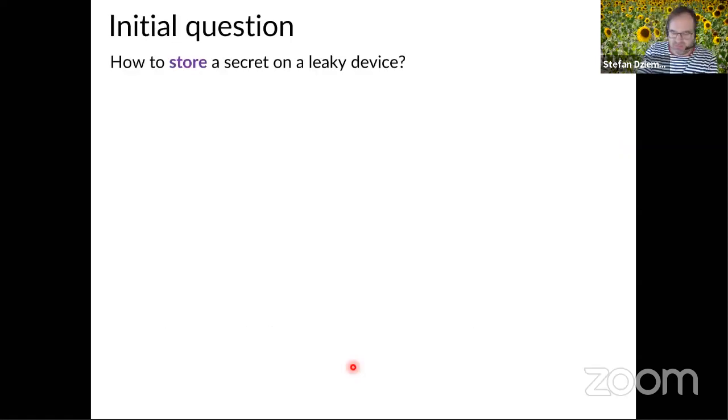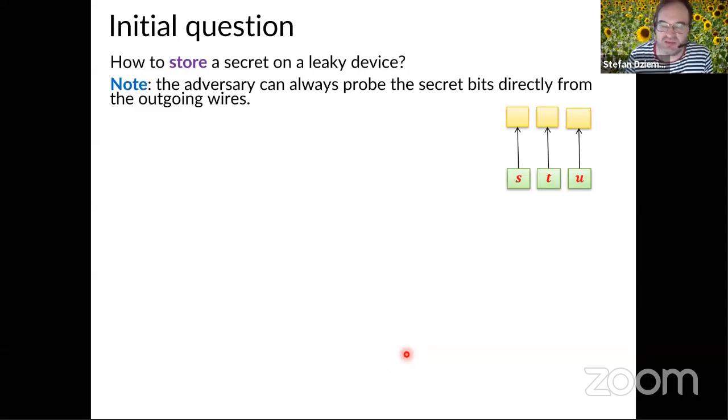Okay, so I'm going to tell you now a little bit about how ISW works, because I think it's instructive to see it. It starts with the initial question: how to store a secret on a leaky device, a device where the adversary can probe some bits. Of course, if you just store a value as it is on a device, then the adversary can directly probe the wires that have this value.